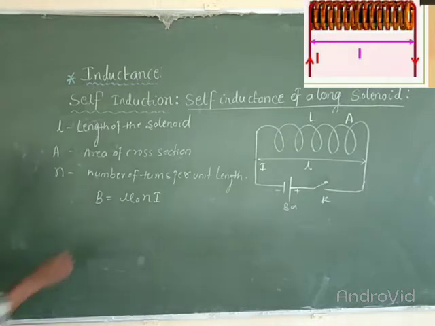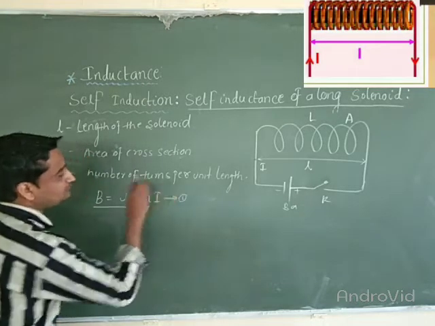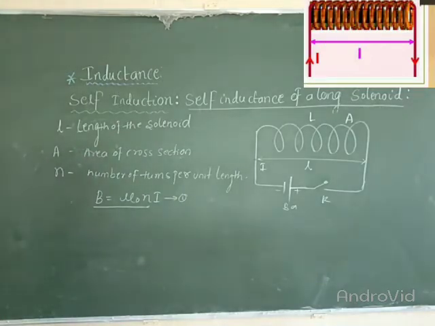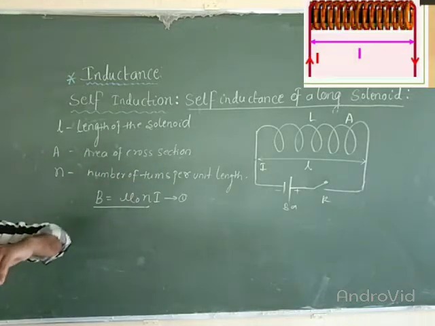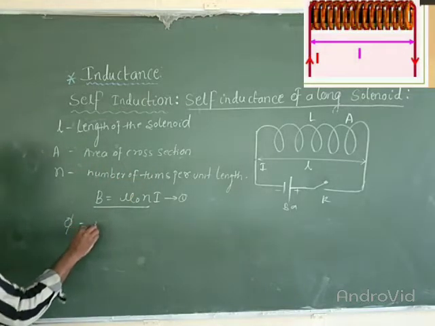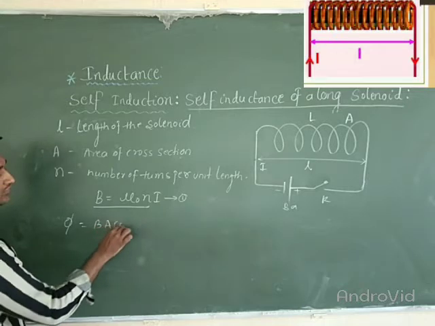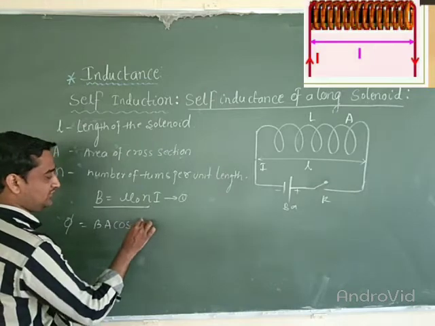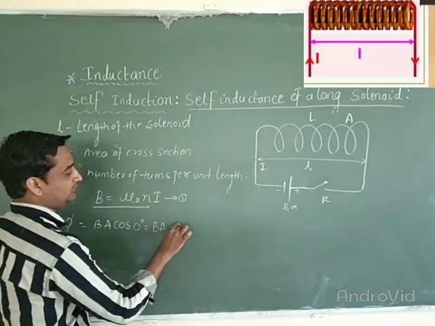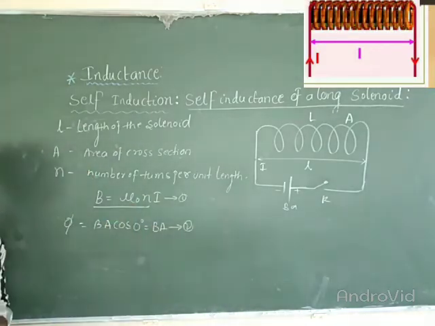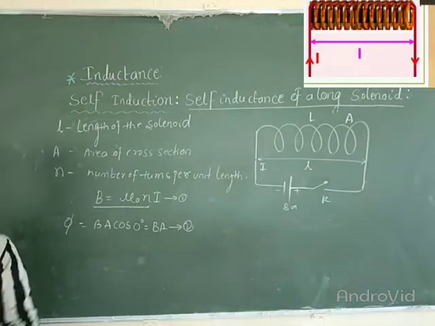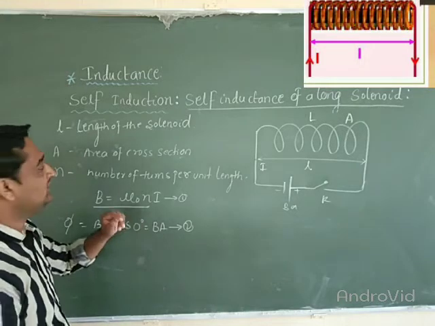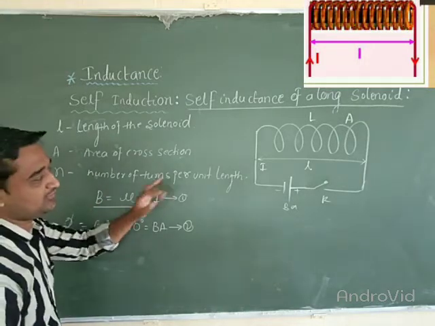Now, from this expression, call it equation 1, the magnetic flux linked with the coil, or the solenoid, can be written from the expression phi is equal to BA cos theta. Here theta is equal to 0 degree, cos 0 is 1, so we write it as BA. The magnetic flux linked with the solenoid is B into A. Here small n is the number of turns per unit length.